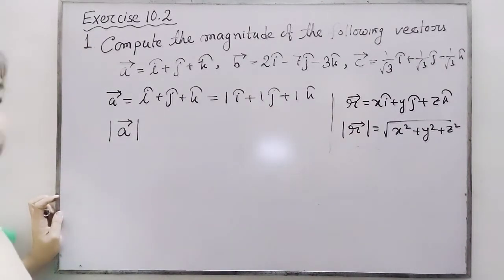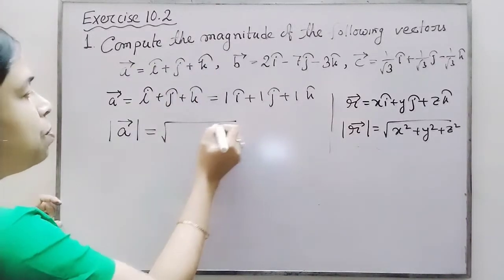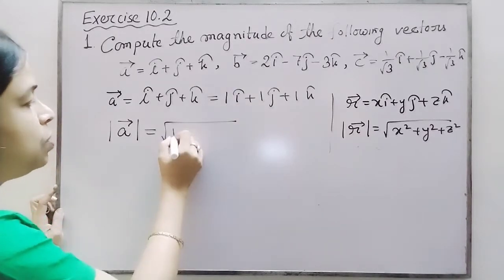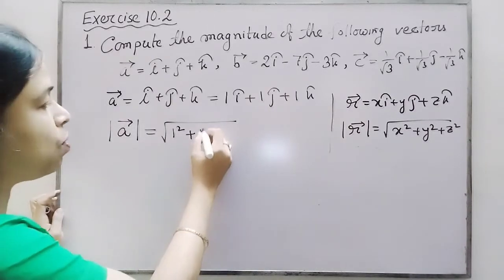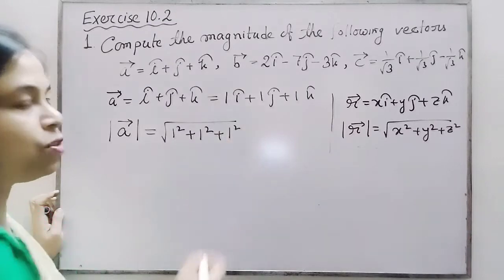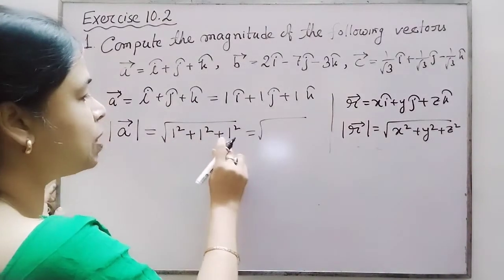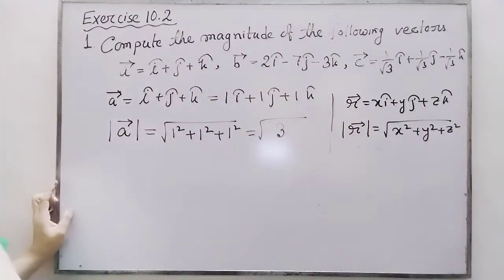So modulus of a bar, its magnitude, is equal to under root of the square of the coefficient of i cap, which is 1 square, plus the square of the coefficient of j cap, plus the square of the coefficient of k cap, which is again 1 square. Doing the calculation, 1 plus 1 plus 1 gives you under root 3. So this is the magnitude of the first vector a bar.